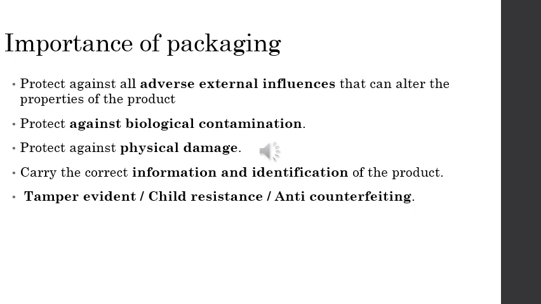If that is done, it is visible with tamper evident packaging. If tampering or mixing is done, then the closure or the container will be damaged and we can very well identify that the package has been tampered with.